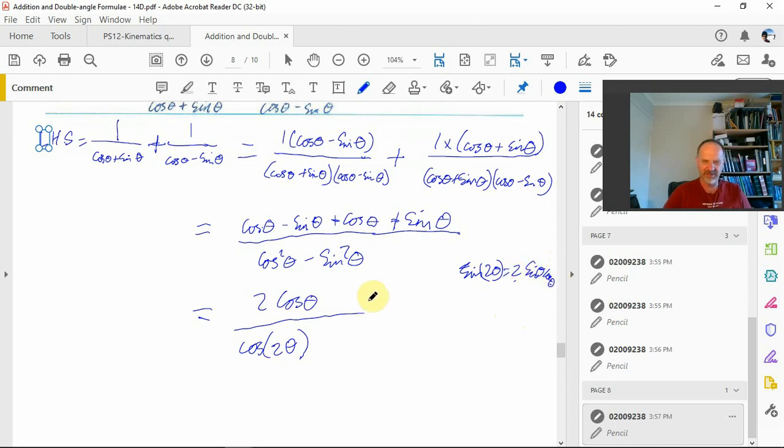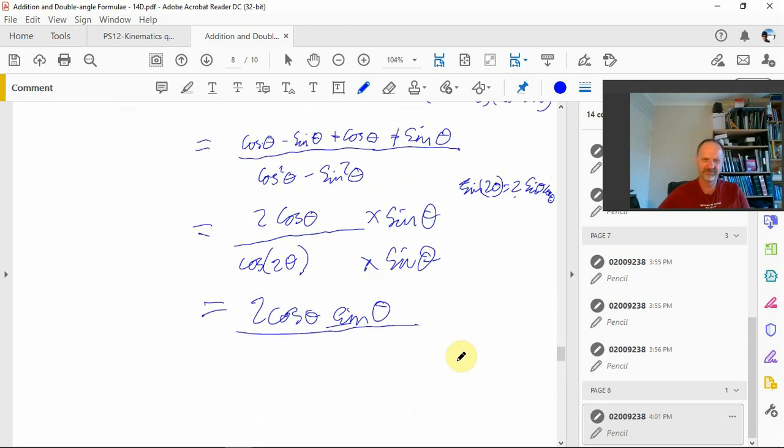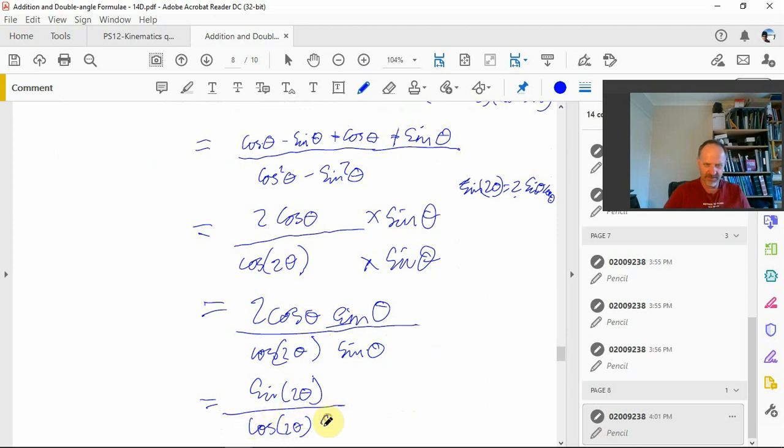I've got the 2 and the cos theta, so if I times top and bottom by sine theta here, then what I've got is 2 cos theta sine theta over cos 2 theta sine theta. And the top line there, that's now sine 2 theta over cos 2 theta sine theta.